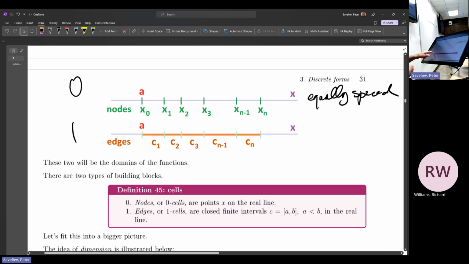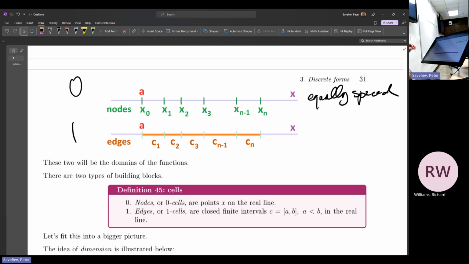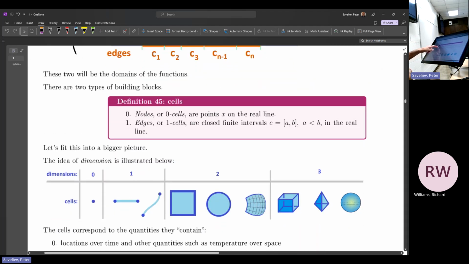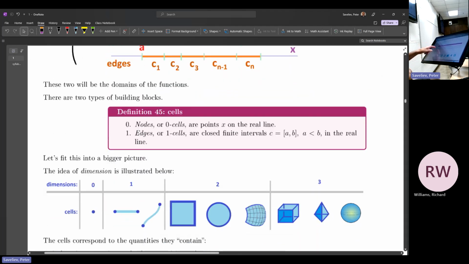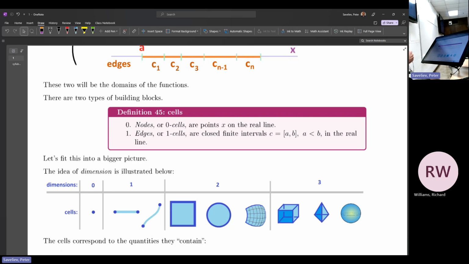Another way, if you're aiming for high dimensions, eventually start counting the dimensions. So nodes are zero dimensional, zero cells. Edges are one dimensional, one cells. If you were to go beyond this, this is the high dimensional cells where things will be happening. Could be two dimensional or three dimensional. So the quantity, for example, what we spoke of, temperatures.